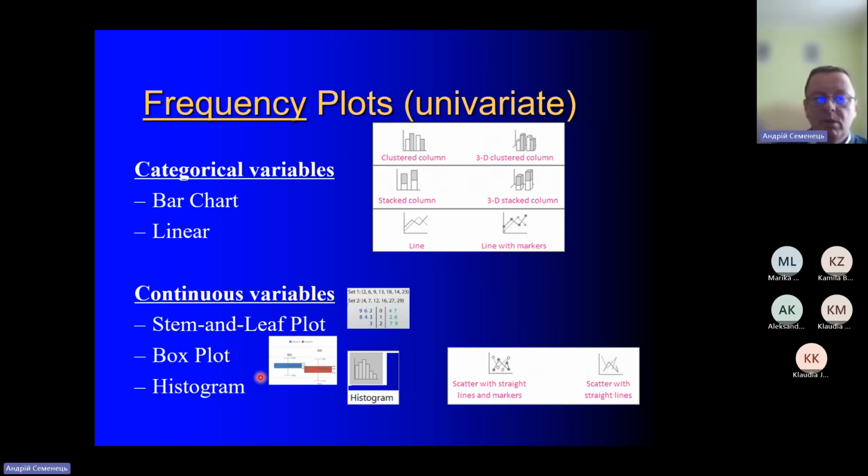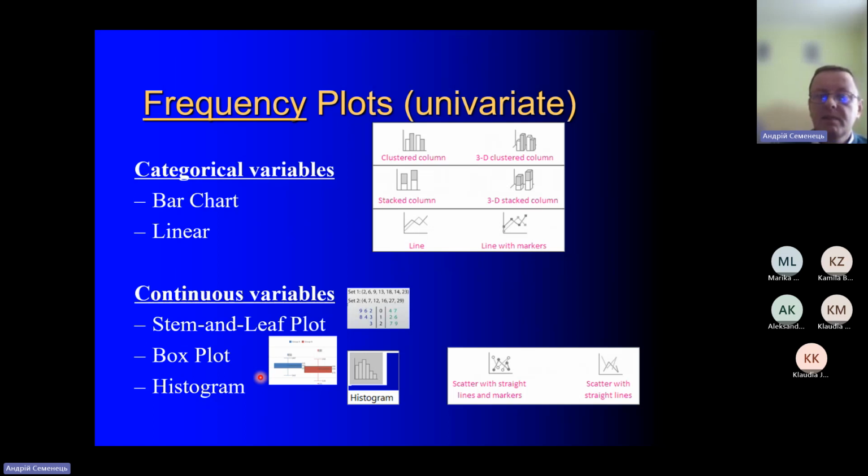For example, the most common, very popular chart types in spreadsheets, which even the spreadsheet itself every time proposes to use, are bar chart, line chart, etc. But the main problem is that those chart types are dedicated to display categorical variables.